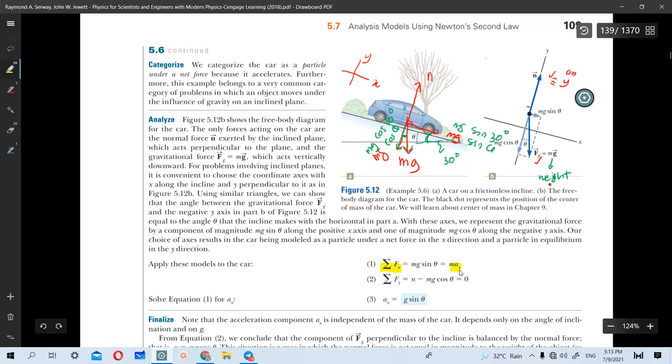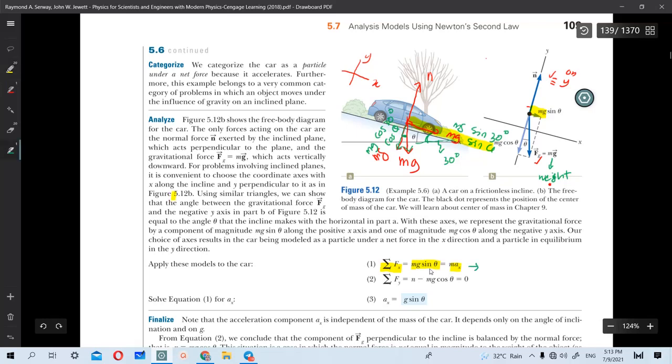However, that is in the x direction, right? And what is the force along the x direction? mg sin theta. This is it. So as we simplify mg sin theta equals ma, you will find that a is equivalent to g sin theta.